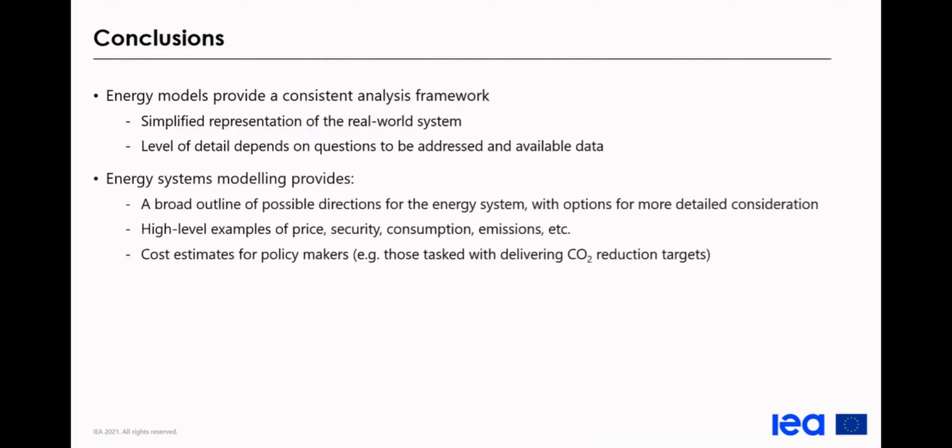Energy systems modeling provides many inputs. It can provide an outline for different possible directions where the energy system would go depending on assumptions. It gives high-level examples of prices, consumption, emissions, and it can give policymakers cost estimates.